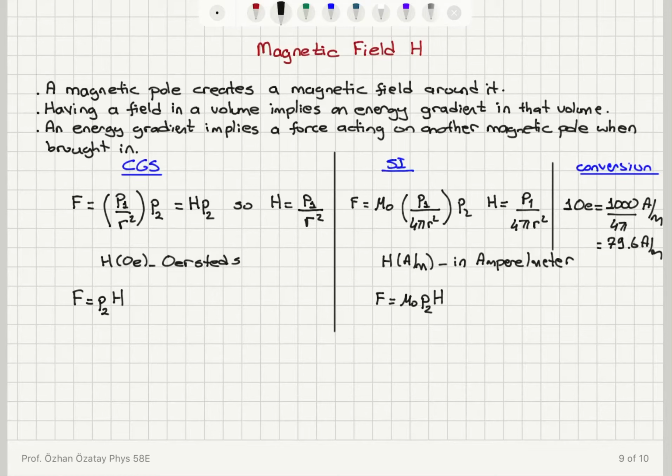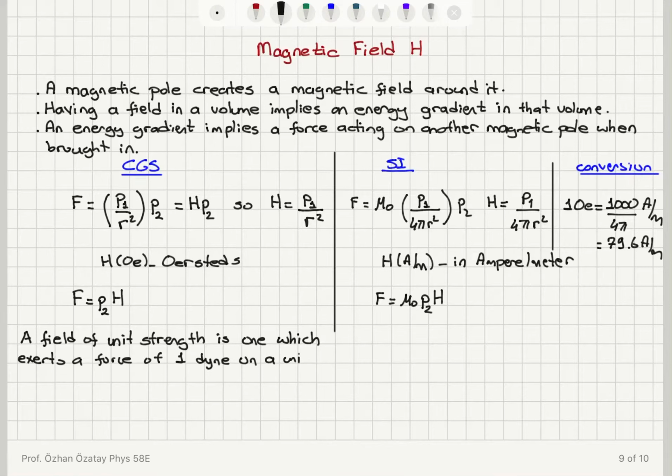So if you remember, if we had this unit strength in the CGS system, we can say that from the CGS point of view, a field of unit strength, which is 1 Oersted, exerts a force of 1 dyne on a unit pole.